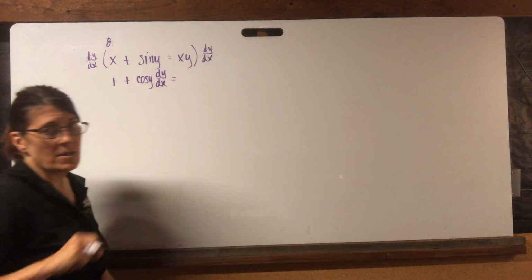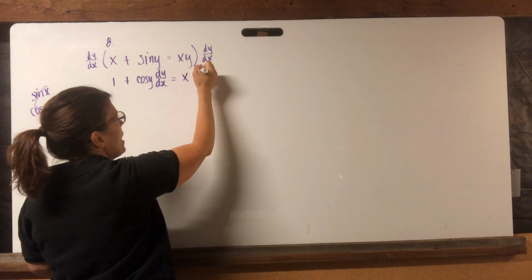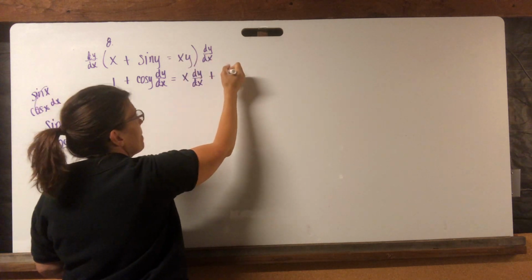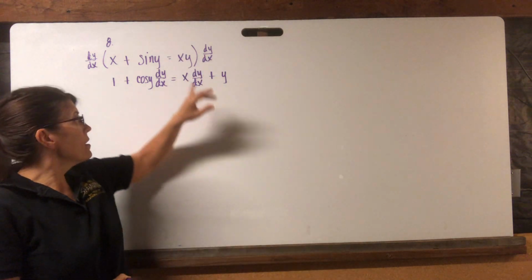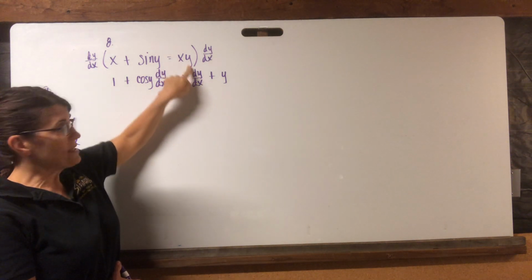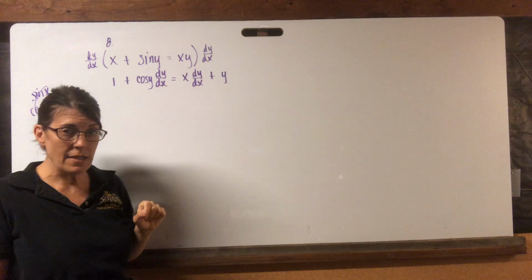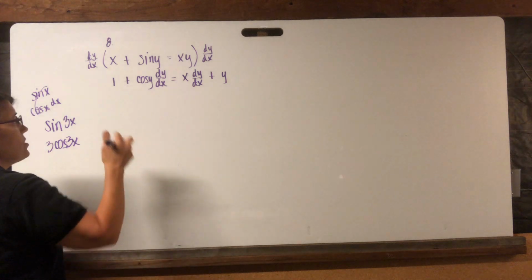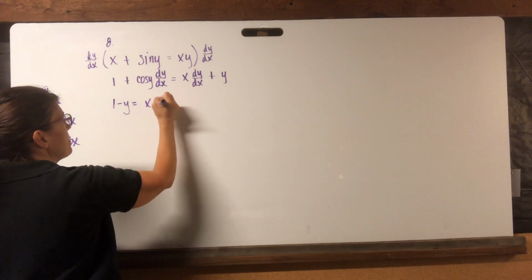Here you need to look at xy as the product rule. So x times the derivative of y, which is dy/dx, plus y times the derivative of x, which is 1. So again, I did the product rule here. Then let's subtract y.